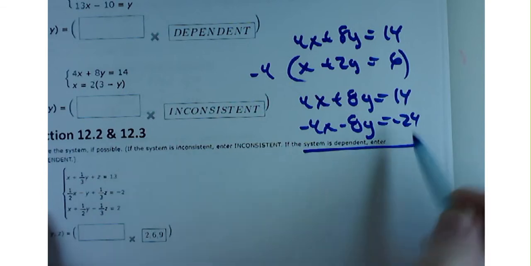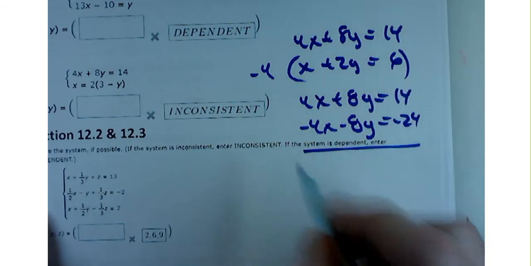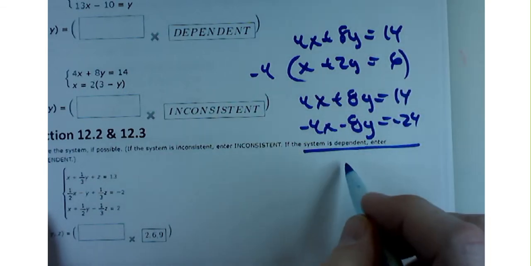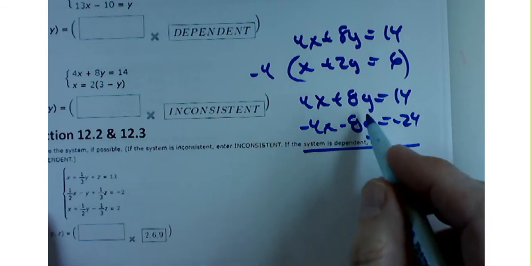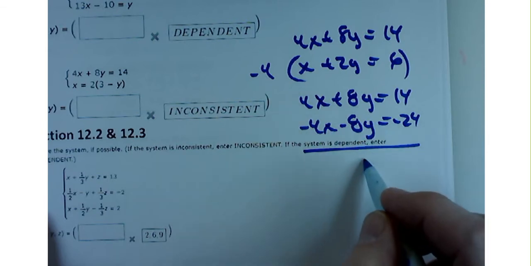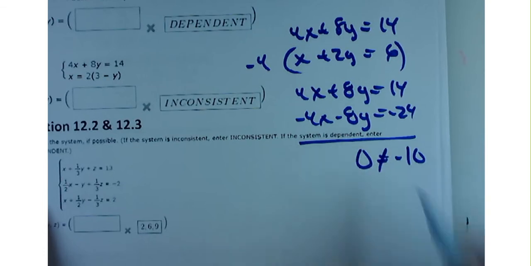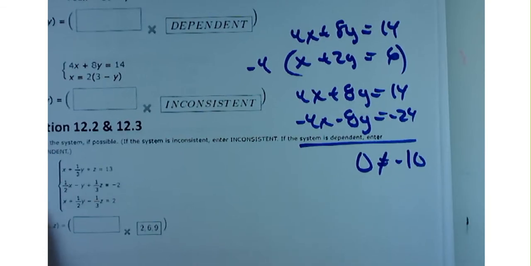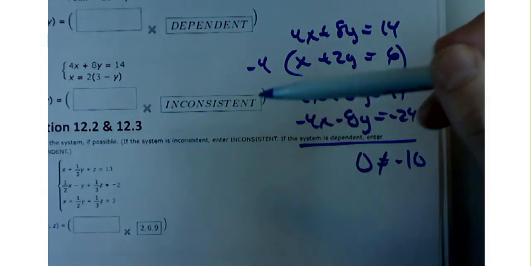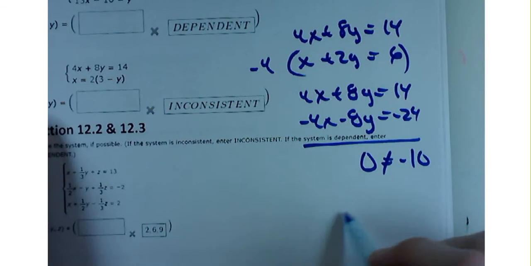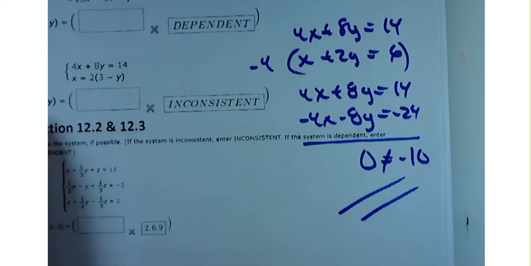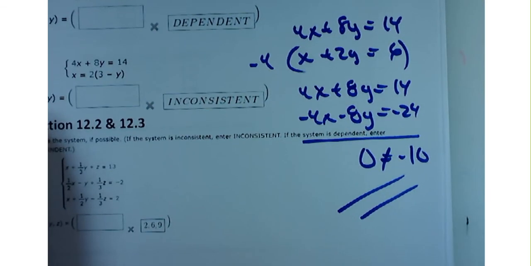And when I add those equations together, I get 0x, which I'll leave off, and 0y, which I'll leave off. Well, I can't leave off everything. I'll just write 0 equals negative 10. And that's not true. So that's telling you you've got an inconsistent system of equations. Essentially, the lines here, if you graph them, would be parallel. That's what's going on with that one.